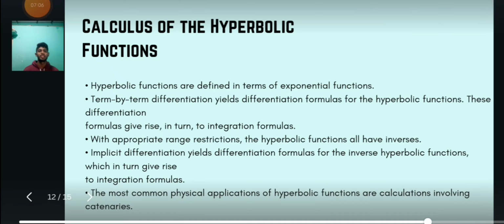Implicit differentiation yields differentiation formulas for the inverse hyperbolic functions, which in turn gives rise to integration formulas. Means the inverse of differentiation is integration, as we have discussed before. The most common physical application of hyperbolic functions are calculations involving catenaries. Okay, then we'll know with an example what these catenaries are and how integration is being used.